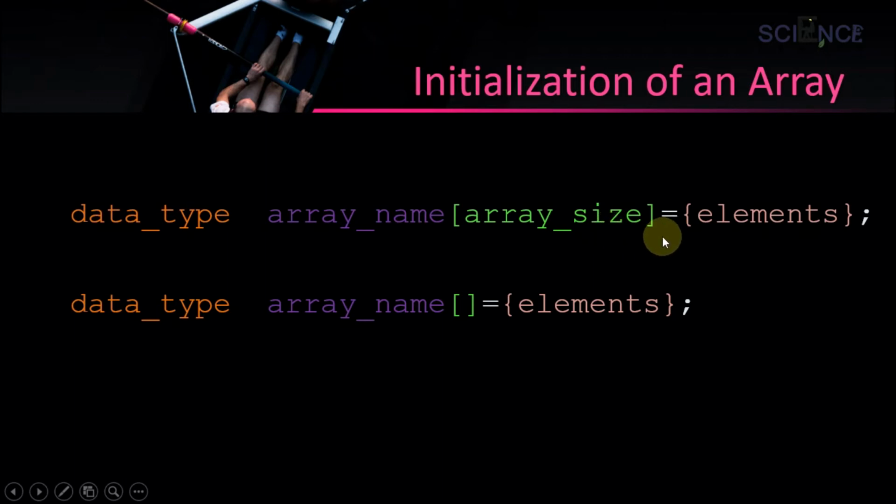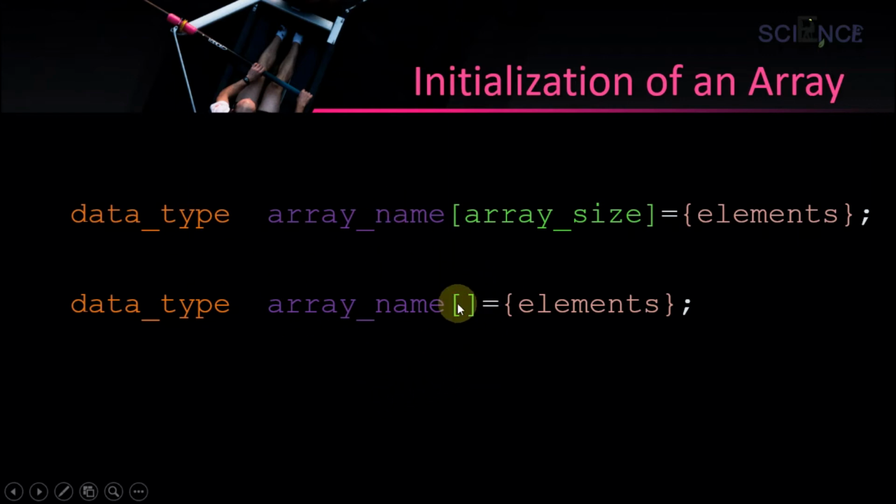But if you want to assign values at this moment, then you can use the equal mark, and within curly brackets you should mention the elements, the values that you are going to assign into this array, right? You can use the array size, saying this is the size of the array that I am going to use, or you can do it like this.